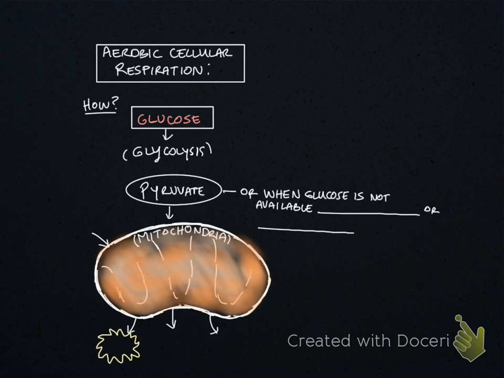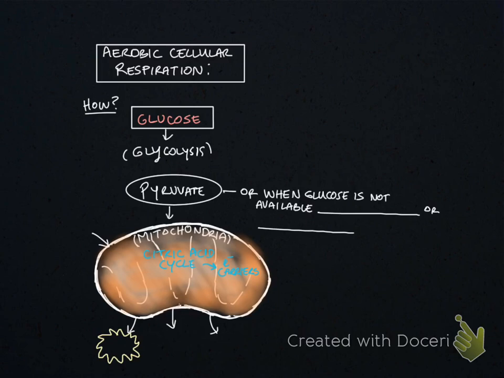And then that pyruvate goes through a process called the citric acid cycle, or the Krebs cycle. Same thing. And we make these electron carriers. We make a few ATP, and then we end up making these electron carrier molecules, these high energy molecules.